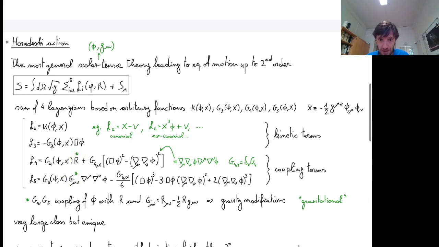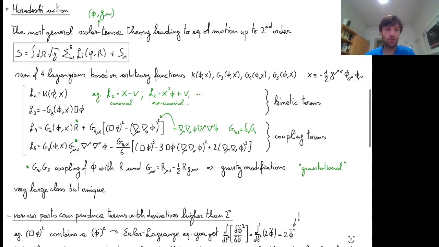Therefore these two represent the coupling between the scalar field and gravity. Okay, so out of these four you have two families. The first two represent kinetic terms, and the second two represent coupling terms between the scalar field phi and gravity, through the Ricci scalar and the Einstein tensor.